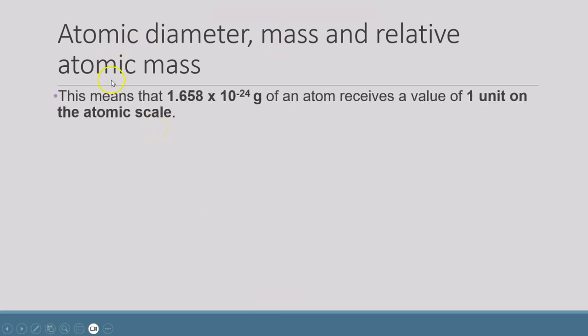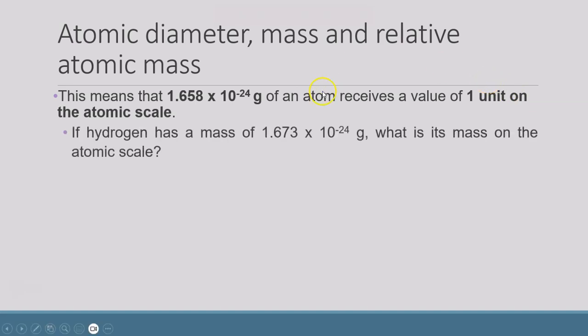So this value in grams of an atom receives a value of 1 unit on the atomic scale. If hydrogen has this mass, this is hydrogen's real mass, what is its mass on the atomic scale?